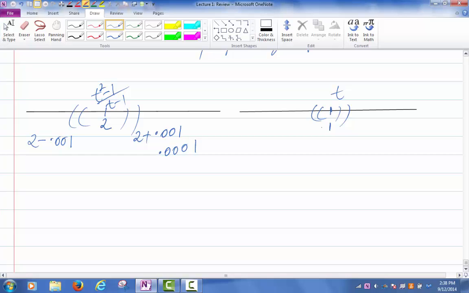So again, I can make the value of the ratio as close to 2 as I desire simply by taking any t in an open interval centered at 1, except possibly equal to 1. We don't care what happens at 1. If I can accomplish that, then the limit is 2. Otherwise, the limit is not 2.